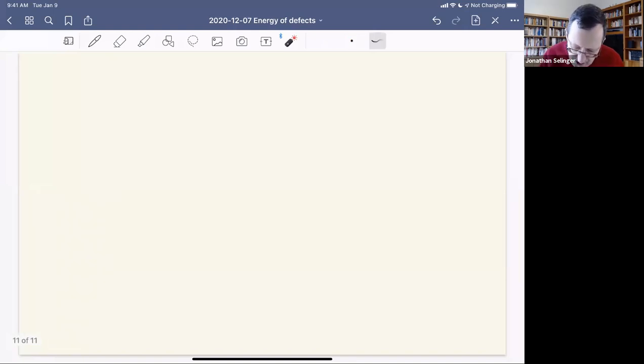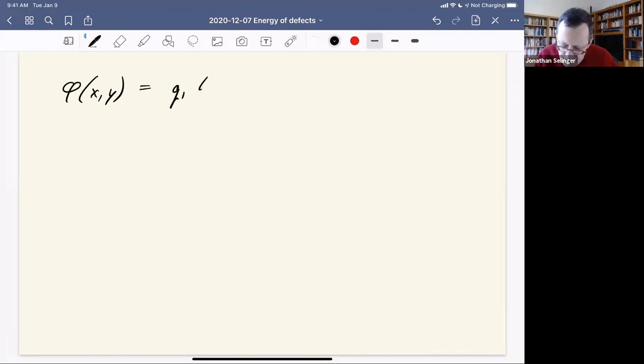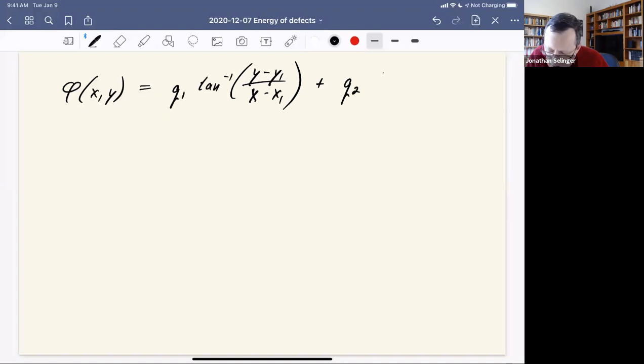So the sum of solutions would be something like phi of x, y is the topological charge of the first defect times this inverse tangent of y minus y at the first defect over x minus x at the first defect, plus the same thing for the second defect, q2 times the inverse tangent of y minus y2 over x minus x2. And again, plus a constant.